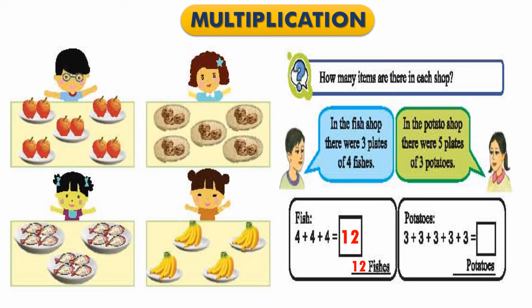So we will add 3 plus 3 plus 3 plus 3 plus 3. If we add them one by one, our total addition will be 15. That means 15 potatoes. You may be confused about how it is multiplication. So let me show you another picture. It will be clear for you.